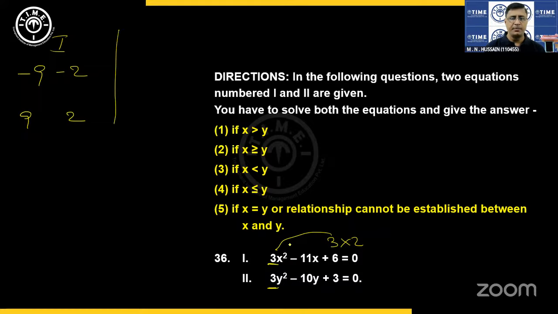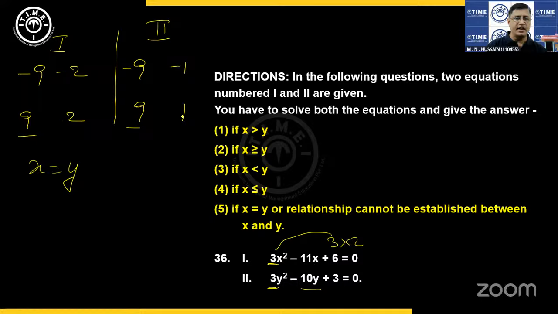Now what next here? 3 into 3, 9. Here the middle term is 10. So how to get 9 and 1? So minus 9 minus 1. What about the roots? Positive 9 and positive 1. Comparison. X and y are equal. Okay.